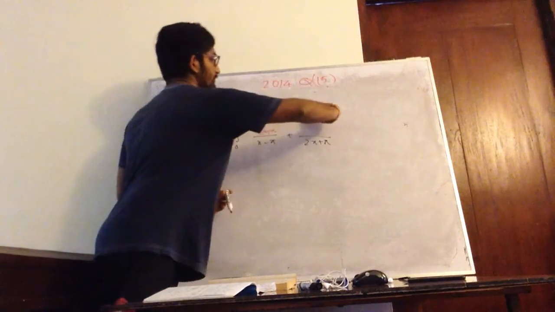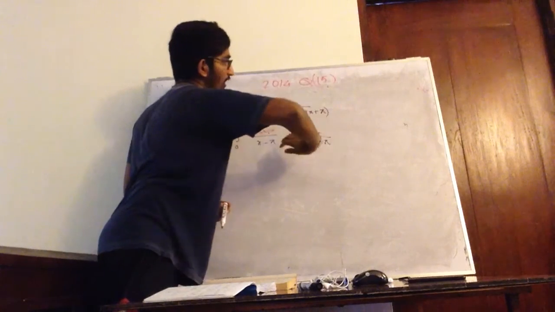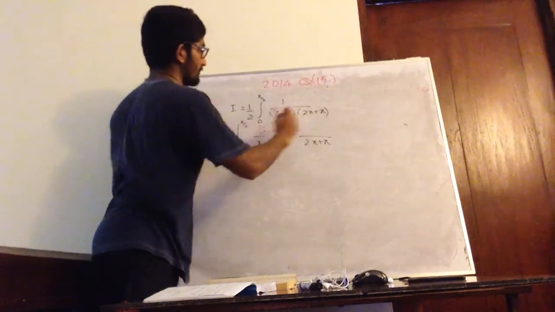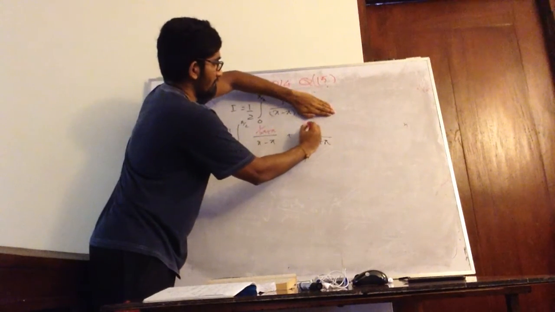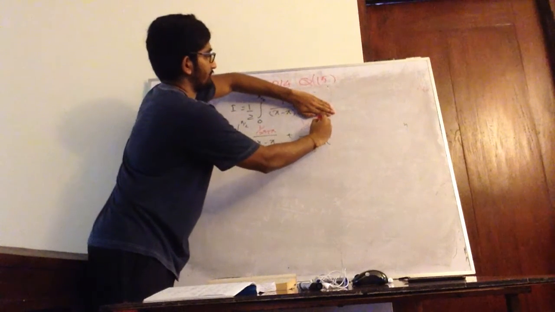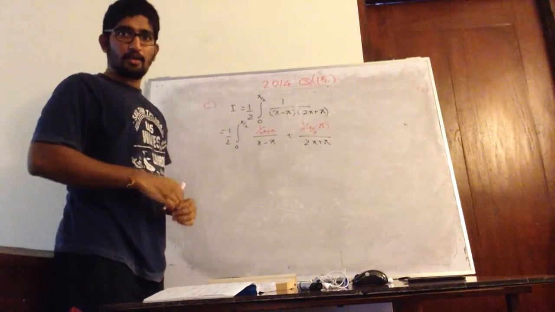So you close this up and substitute minus 5 over 2, which gives minus 5 over 2 minus 5.